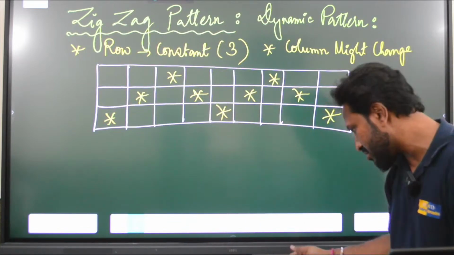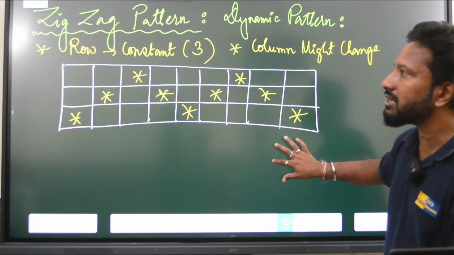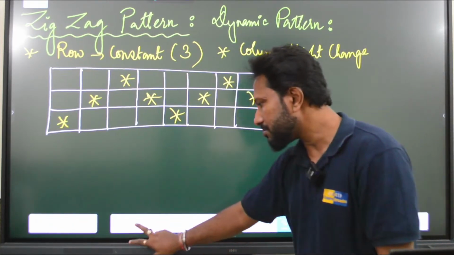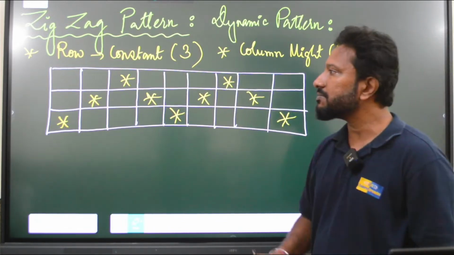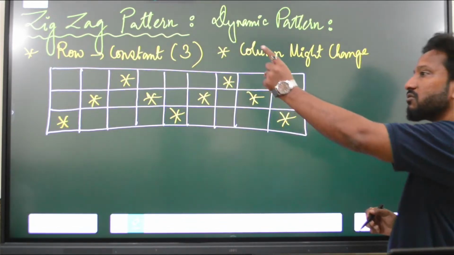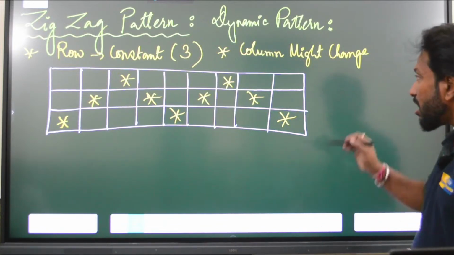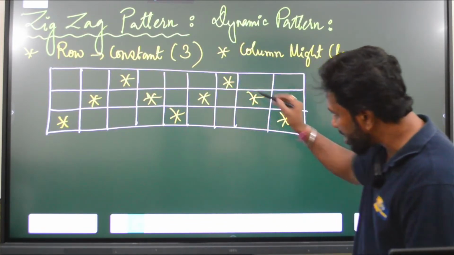Let me move it to the right hand side a bit, so that I get more place to write here. As I said, the row value here is constant. The column value might change. How? There is one triangle like this, there is one more triangle like this.